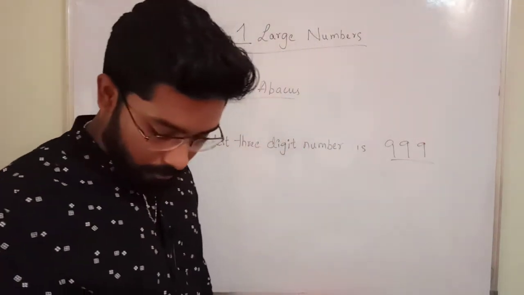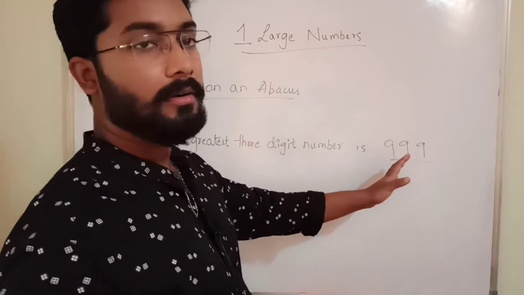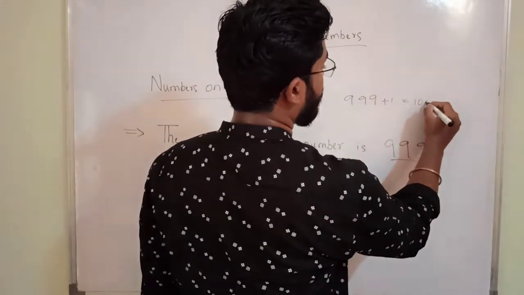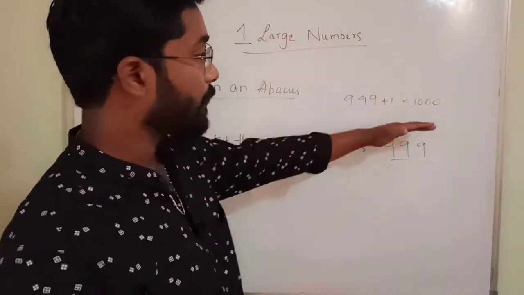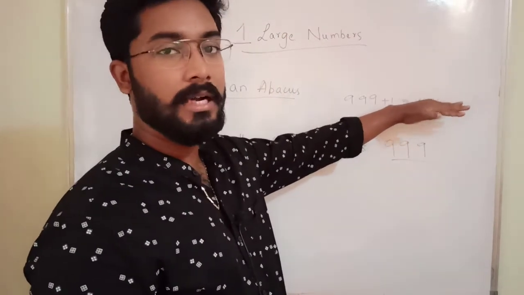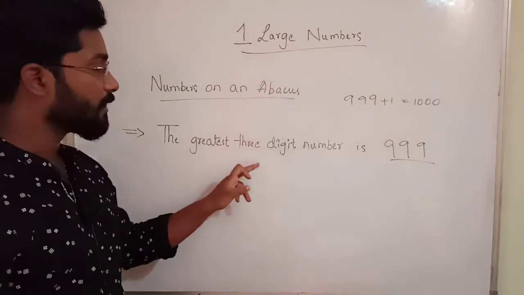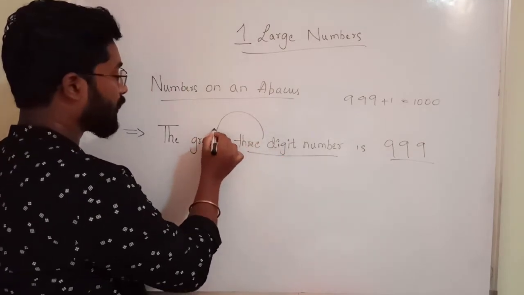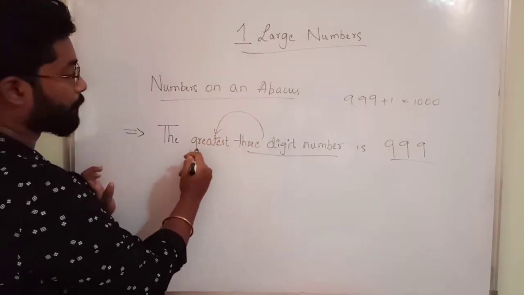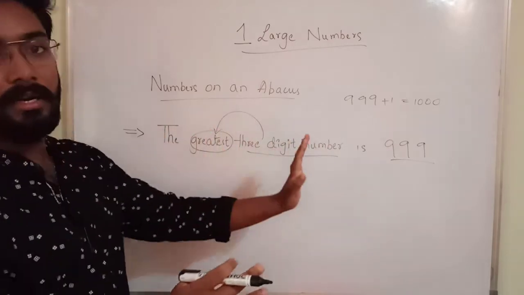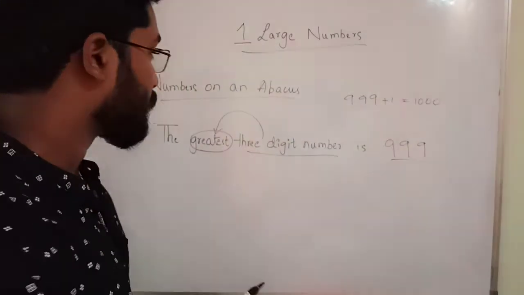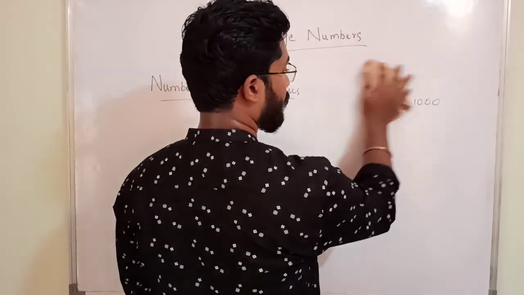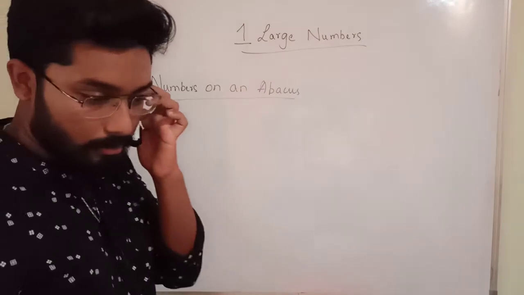After that, what is after 999? 1000 only. From here, four-digit numbers are going to get started. So the greatest 3-digit number: which 3-digit number? The greatest one. These two are the keywords here. If you can understand that, you will mark the correct answer. These can be asked in your fill in the blanks or match the following.